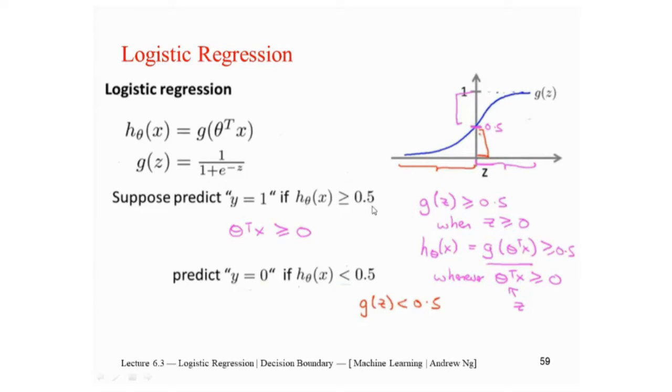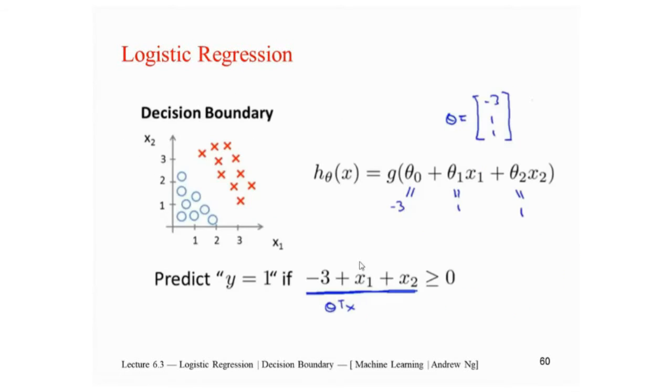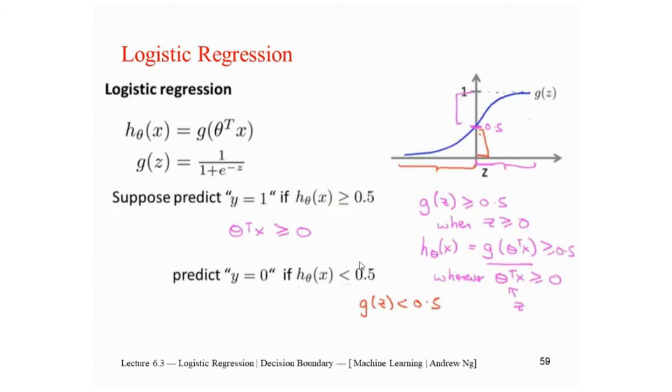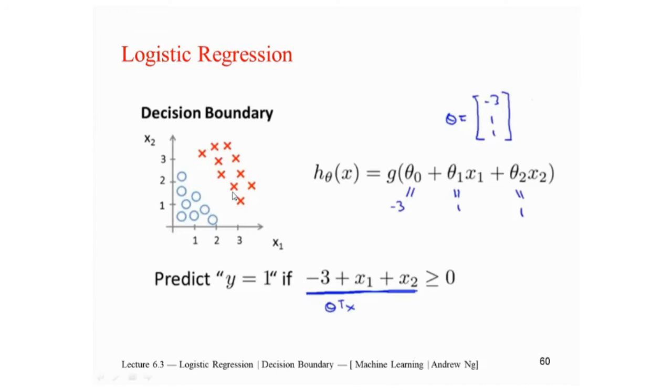So if your hypothesis is greater than or equal to 0.5, in that case you can classify the new data point into 1. Otherwise you have to classify into 0. So in this way you can design the logistic regression.